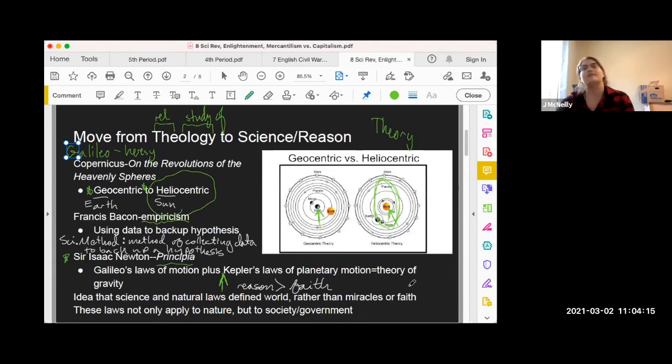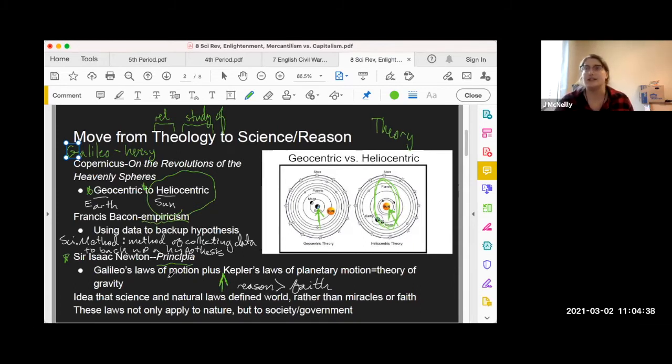It's just that instead of defining everything through religion, they start defining natural laws based on data that they can collect. Now, under this theory, these laws that we figure out about gravity and other natural laws applied to nature show that the world is ordered and rational.